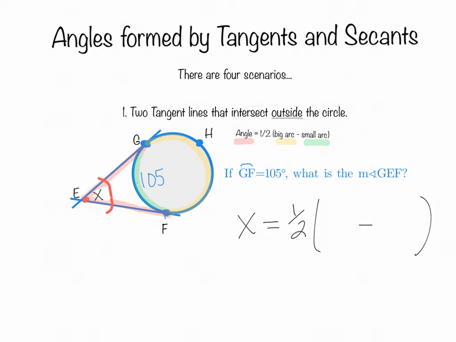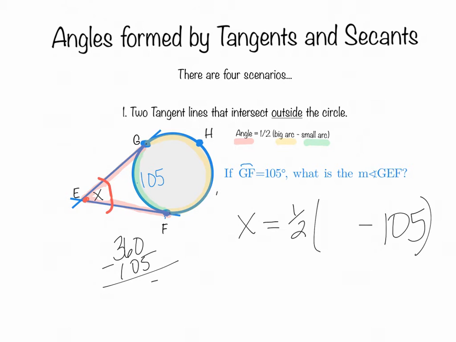Our small arc is 105. And we know that this angle has divided the circle into 2 arcs, this green one and the yellow one. So we know that the whole circle is 360, so 360 minus 105, and whatever we have left is going to be our big arc.